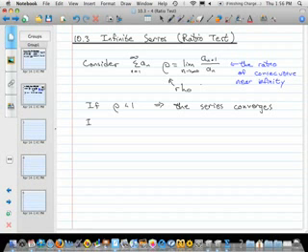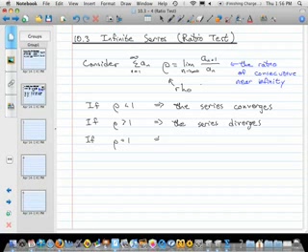If rho is greater than 1, that means that the series diverges. And if rho is equal to 1, the test is inconclusive.